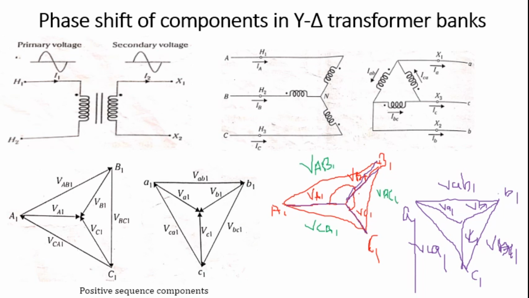If you draw capital VA1 here, the angle made here is 30 degrees. So capital VA1 is advanced with respect to small VA1 by 30 degrees. This is obeyed for the positive sequence component by the ANSI standard.